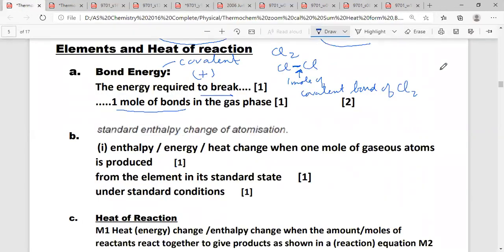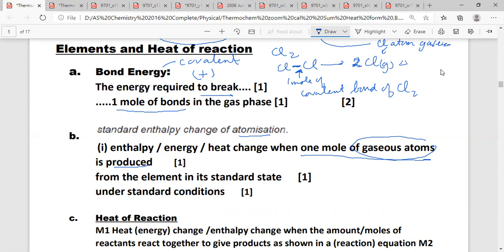Now, how about the standard enthalpy change for atomization? It's different. It's the enthalpy change when 1 mole of gaseous atoms is produced. That means this is about the product. When you break 1 mole, you get 2 moles of Cl gas, 2 moles of Cl atoms, and it's gaseous.